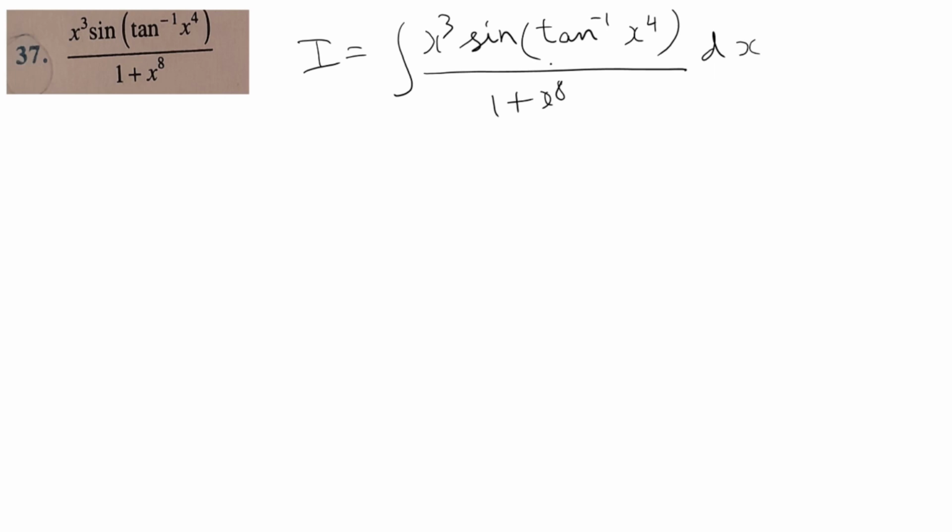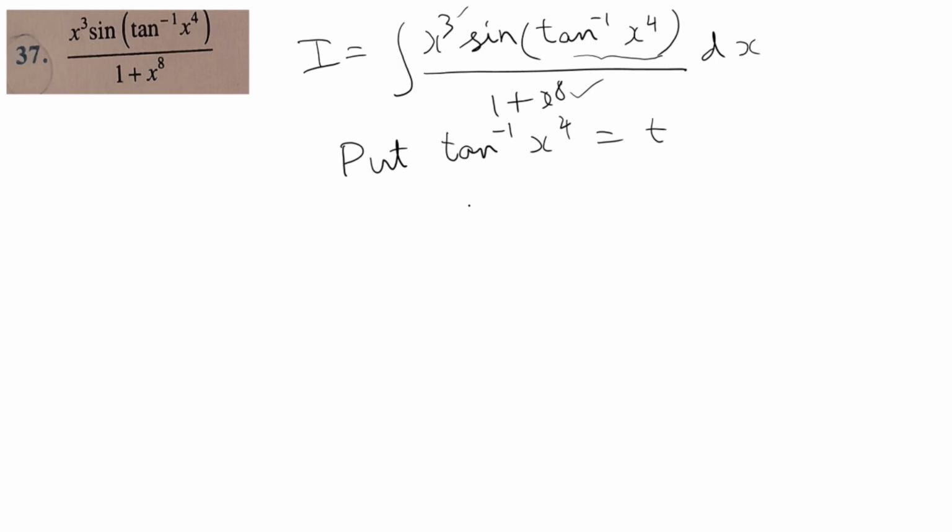So when we take tan inverse of x raised to 4 as t, on differentiating we will get 4x cube by (1 plus x raised to 8) dx, and from that we can simplify this integral. So let us put tan inverse of x raised to 4 as t.